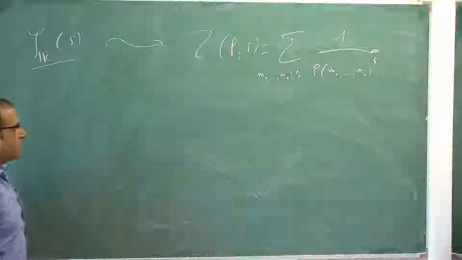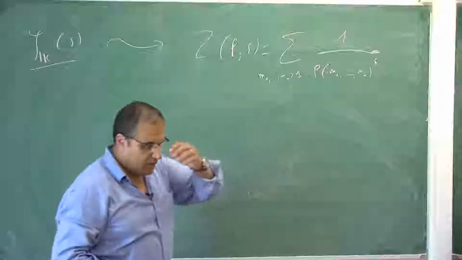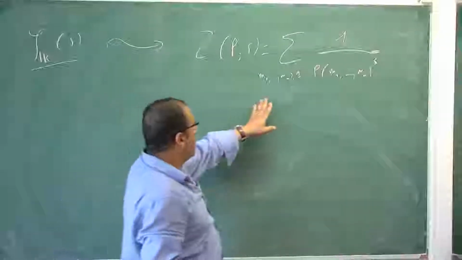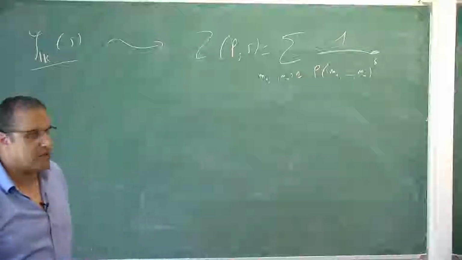So now I will explain how to study the meromorphic continuation, and if I have time also I will give some results about the values at non-positive integers of this kind of zeta function.